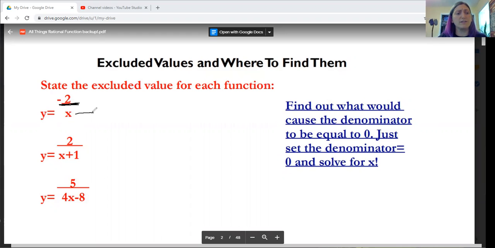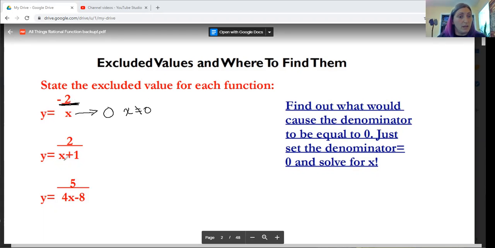What value of x makes the denominator 0? This is not a trick question. It's 0, right? The excluded value for this function, y equals -2 over x, is 0. Cool. So x cannot equal 0.